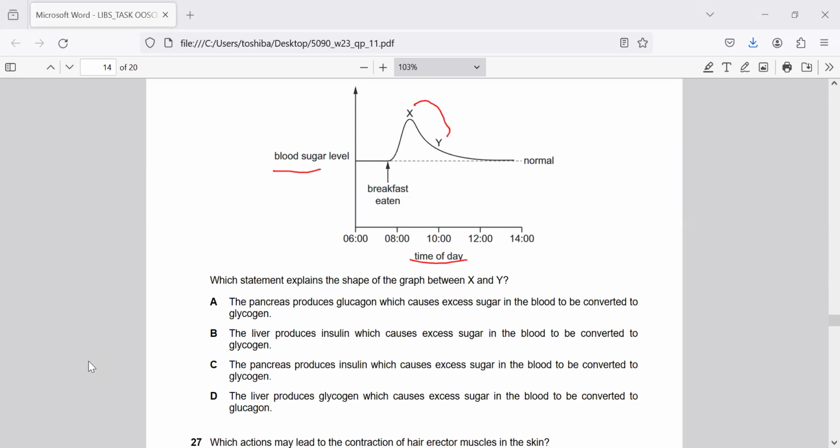And option D says that the liver produces glycogen, which causes excess sugar in blood to be converted into glucagon. No, option D is totally incorrect. As we all know that blood sugar level is decreasing between X and Y. So insulin decreases the blood sugar level. So option C is correct.